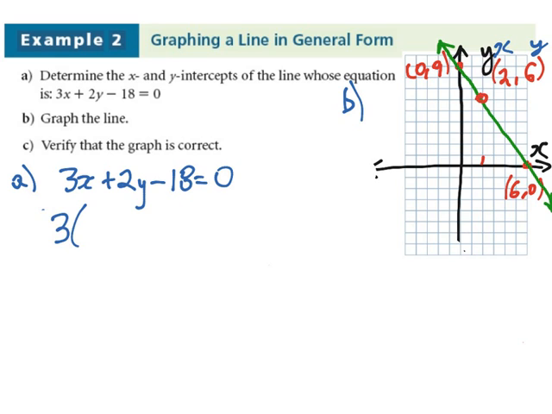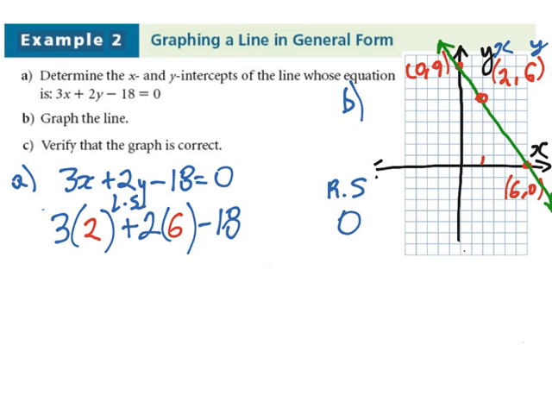We're going to have 3 times 2 for the x value. We're going to add 2 times 6. We're going to subtract 18, and we're going to see if it equals 0? This is the left side of the equation, and 0 is the right side of the equation.